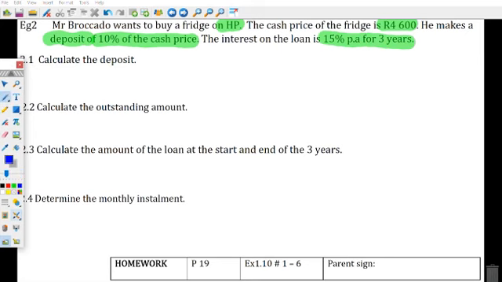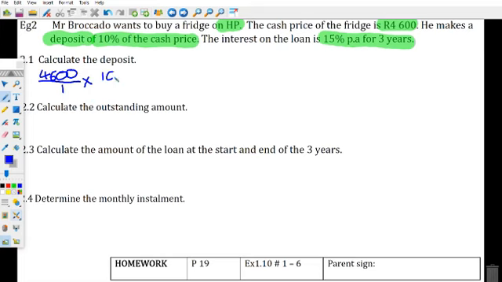All right. So we're going to break it up into steps, little bit by little bit. We're going to say, calculate the deposit. It is 10% of the cash price. So we're going to say 4,600 Rand, and we're going to multiply that by 10%. Now, what's 10%?